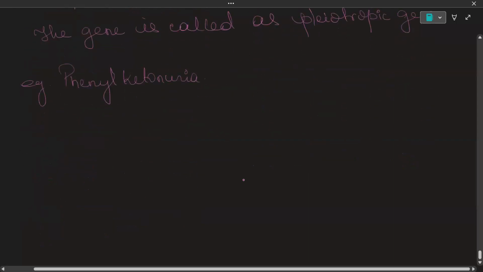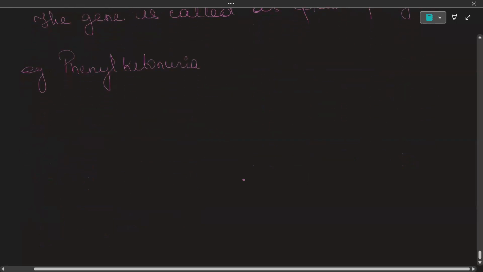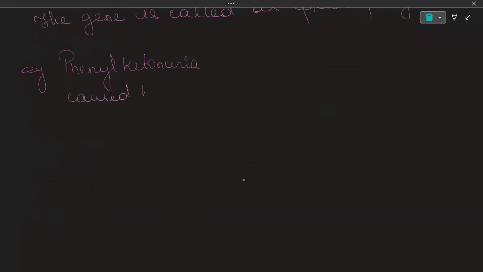So now let us write down: phenylketonuria is caused by, always remember, first of all by mutation only. Mutation in the gene which codes for the enzyme.